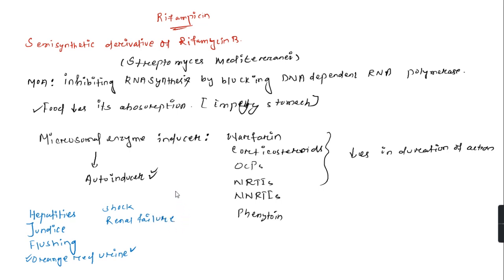Then the third important drug is pyrazinamide. Shortly we call it Z. These points are very important: it is active only against intracellular bacilli.